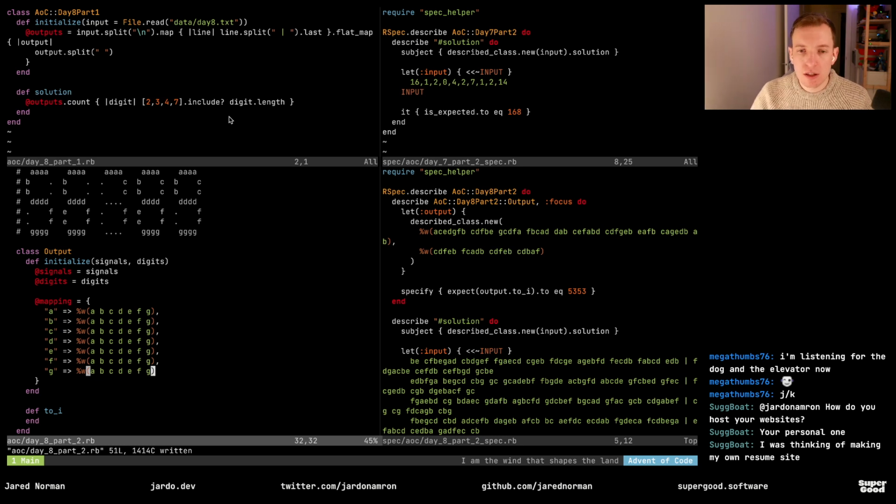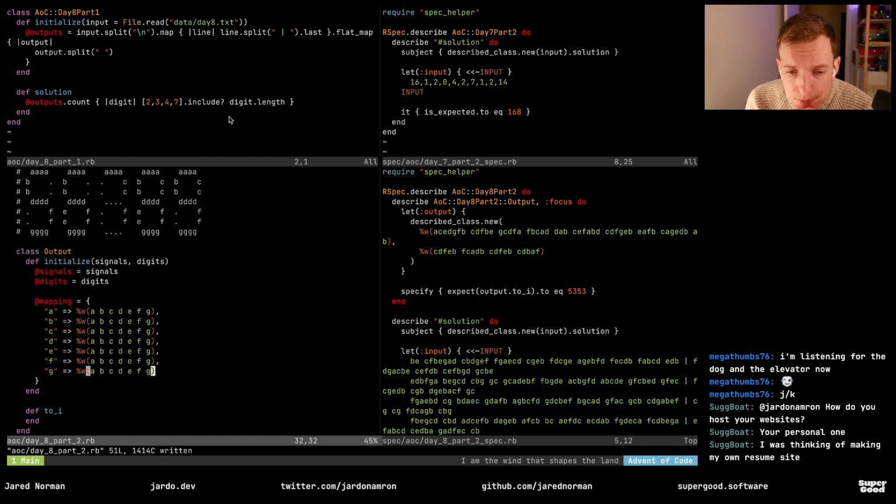So if we look at the 2-digit one, we can figure out, we can almost narrow this down. This is actually a tricky one, unless I'm missing something obvious.